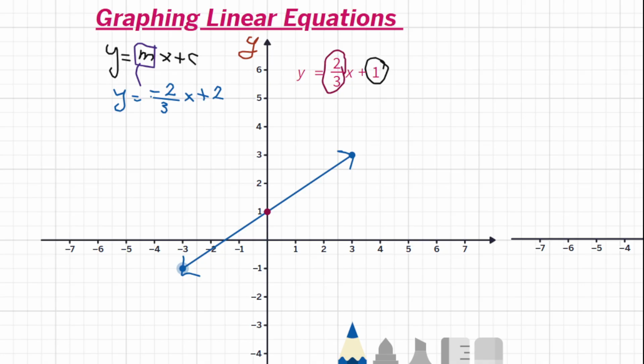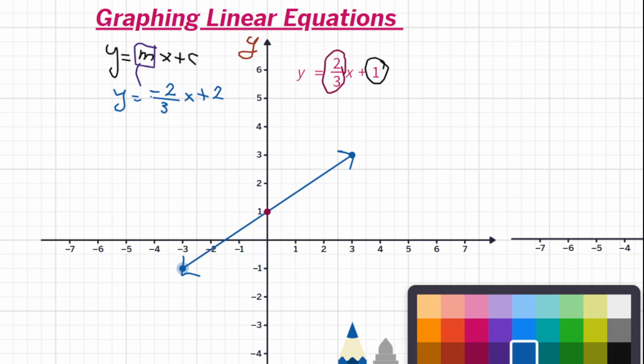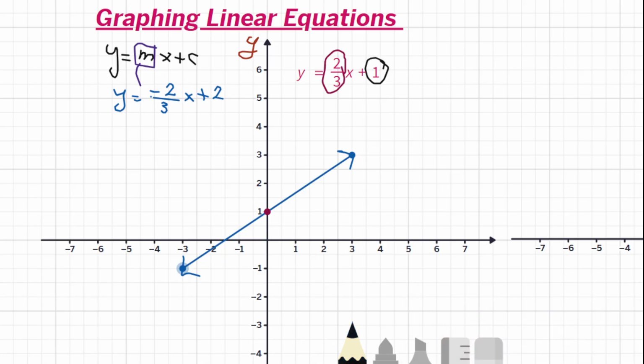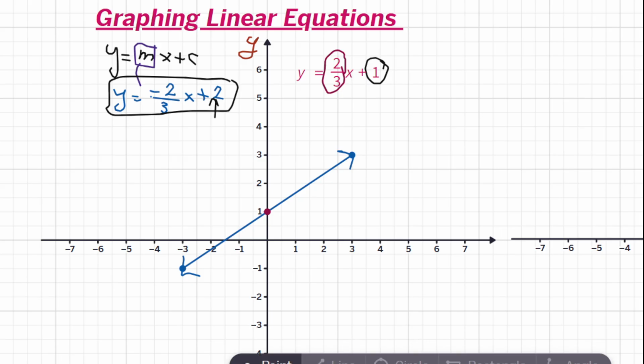We first need to know where this line will cross the y-axis. The y-intercept is c, do you remember? So the y-intercept here is 2. So this is where the line will cross the y-axis. So let's make a point on 2. This is our first point.